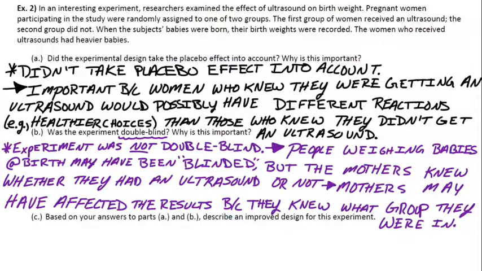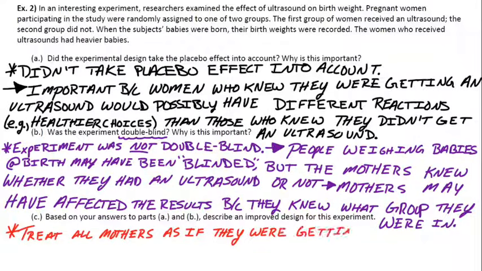So one thing we could do is actually go through the process of giving everyone an ultrasound, and then just don't show the screen to the mothers. So we treat all mothers as if they were actually getting an ultrasound. So actually use the ultrasound machine, put it on their belly, and so forth, but then we don't show them the screen.